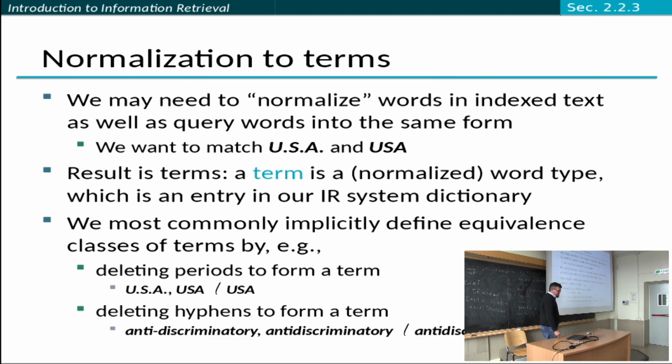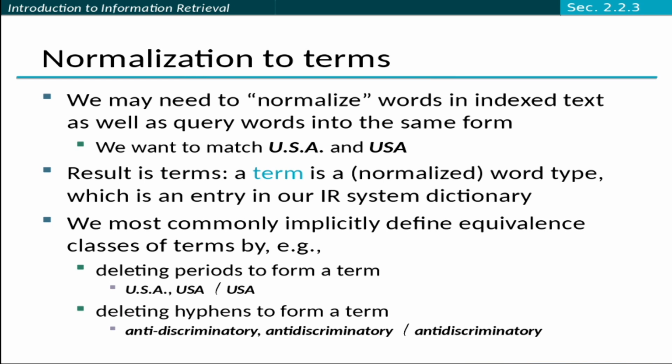Usually we can define equivalence, like in this case USA, again USA with the point or without is USA, and then you can write down equivalence classes in which anti-discriminatory and anti-discriminatory will both be mapped into anti-discriminatory without the hyphenation, and so forth.